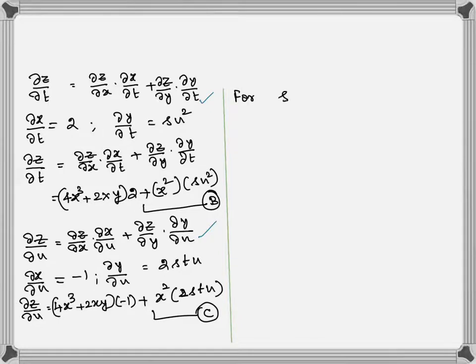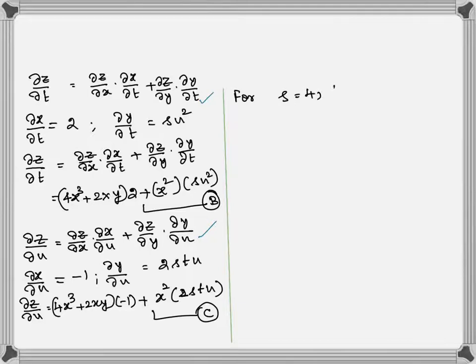Now we've got equation A, equation B, and equation C. We can substitute the values of s, t, and u, which are given as 4, 2, and 1 respectively. We can also get the values of x and y through the values of s, t, and u.